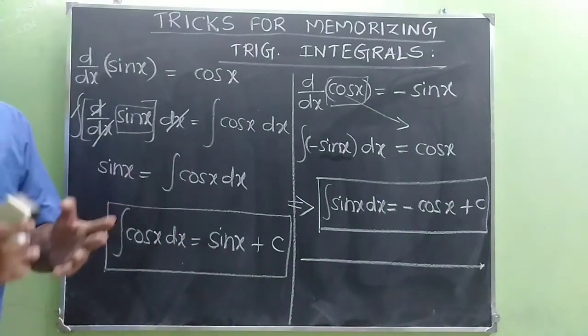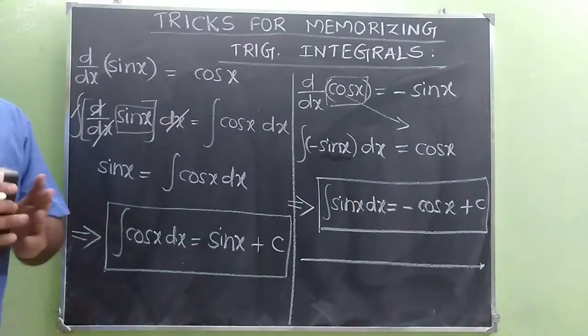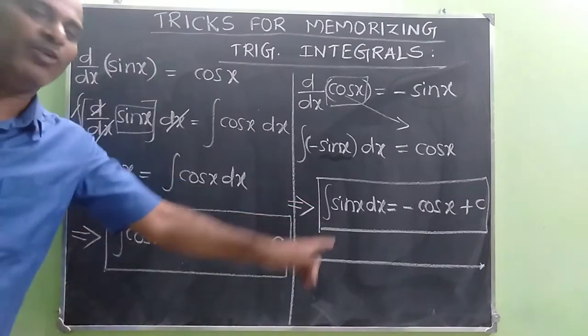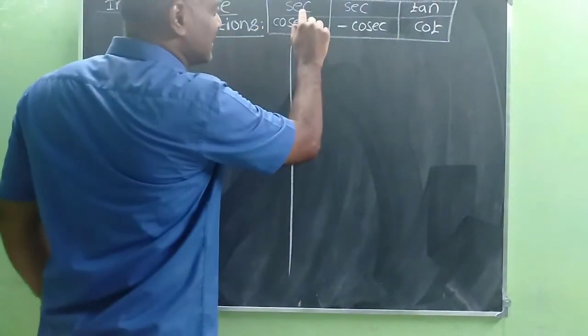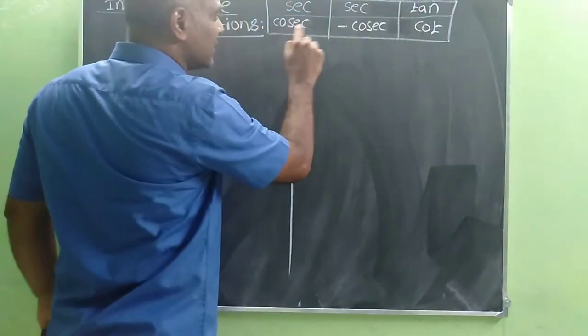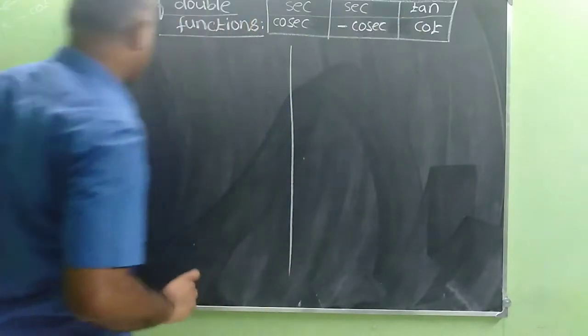Next we go to see the integration of double functions. See these two formulas. For the integration of double functions, just write these tricks: secant secant, secant tan, cosecant cosecant, cosecant cot.